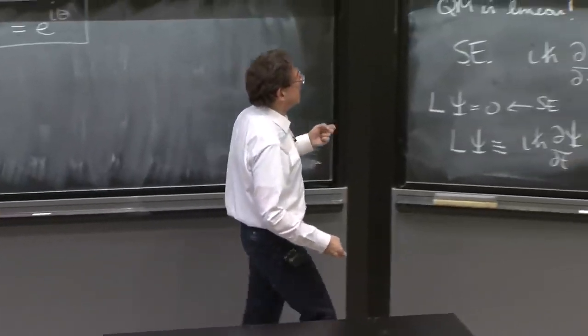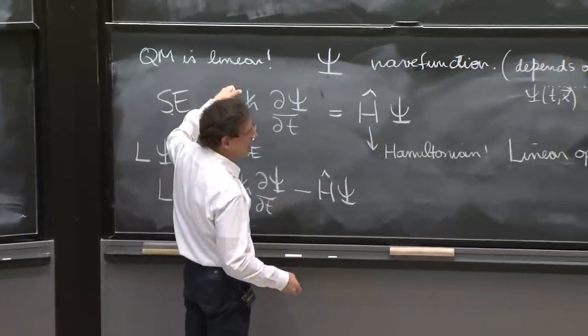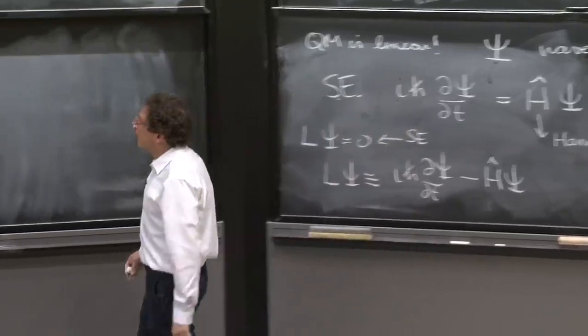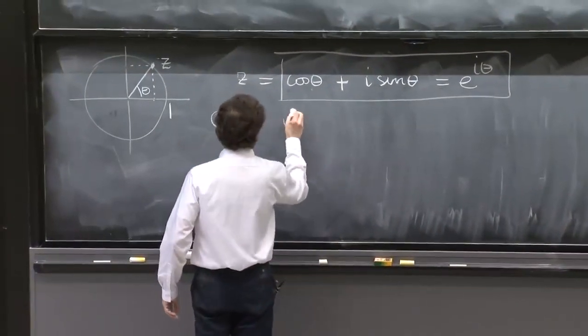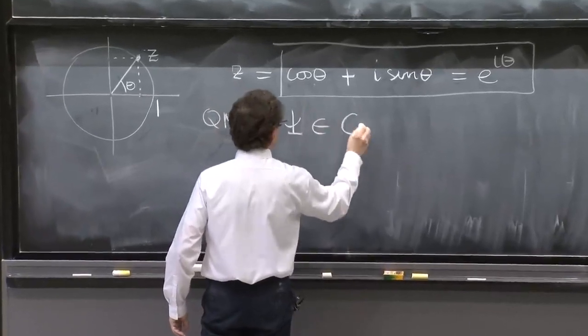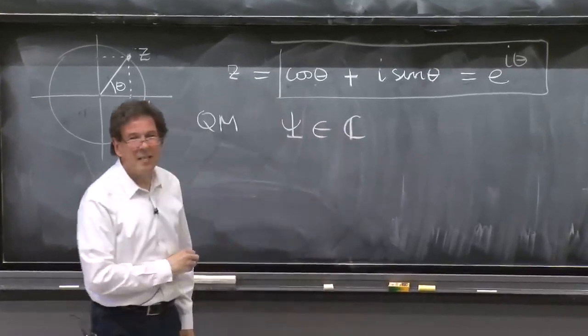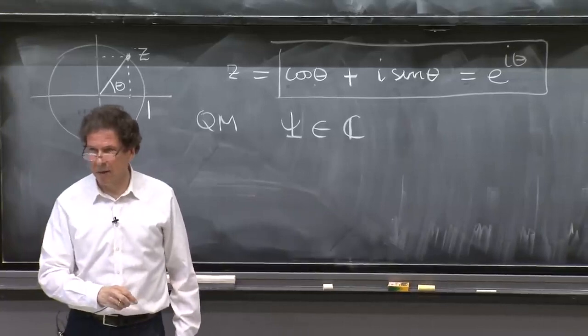On the other hand, in quantum mechanics, the equation already has an i. So in quantum mechanics, psi is a complex number, necessarily. It has to be.